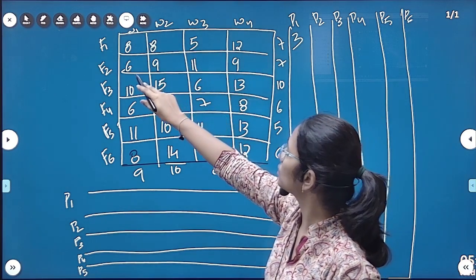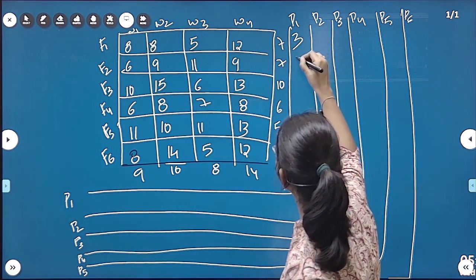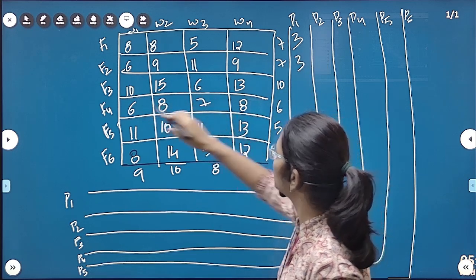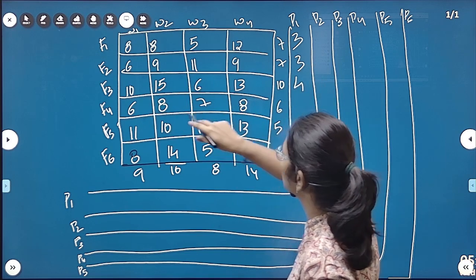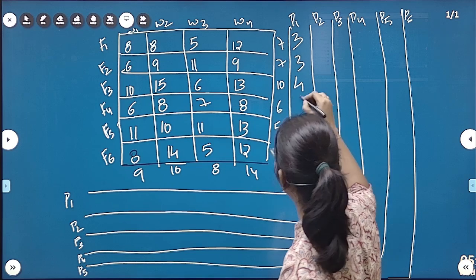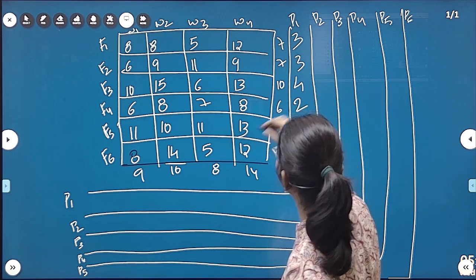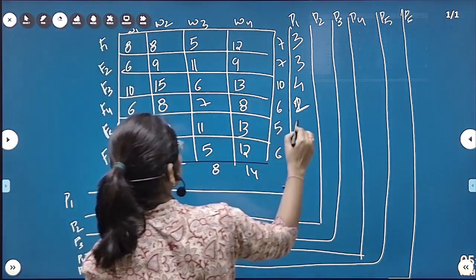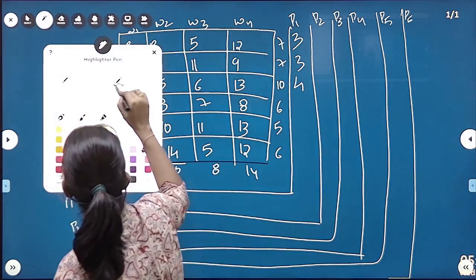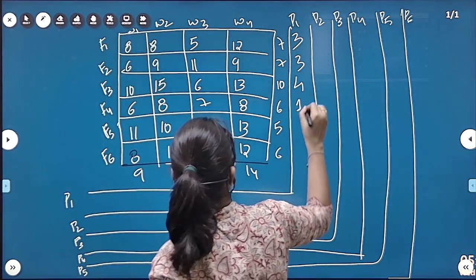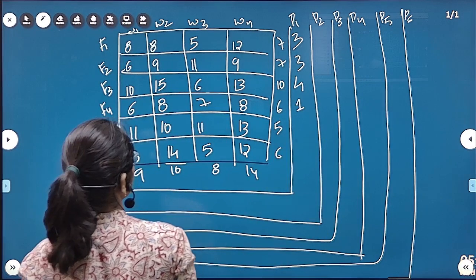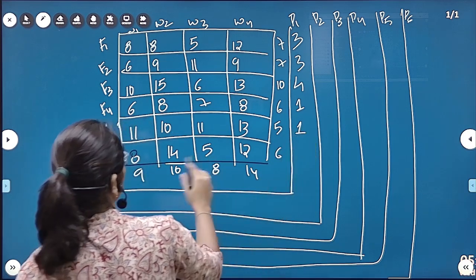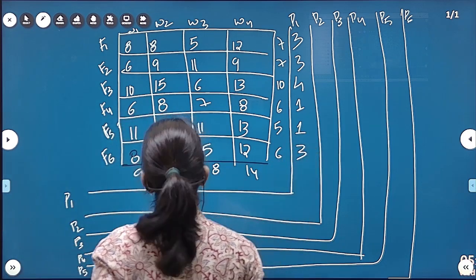Next here the least cost is 6 and 9, so it's also 3. And here 6, 10 and it's 4. And here 6 minus 8, 2, sorry 7, it's 1. 7 is there, no? So it's 1 here. Okay, so the next one here 10 minus 11, 1. Here 5 minus 8, 3.